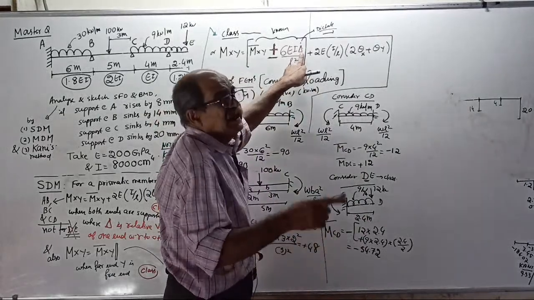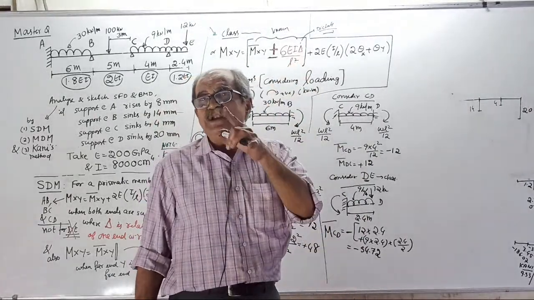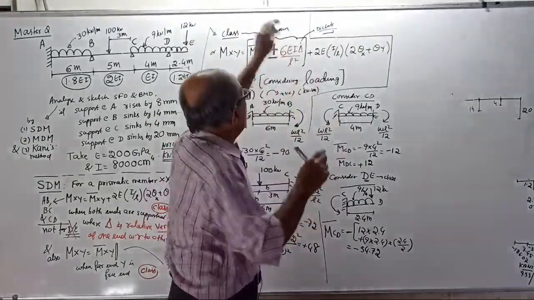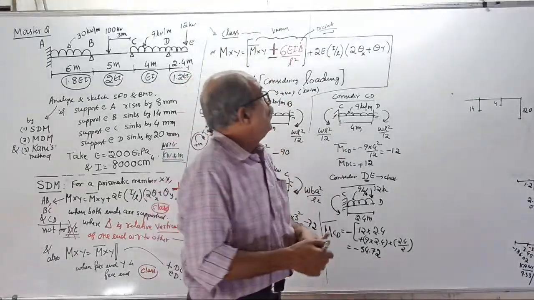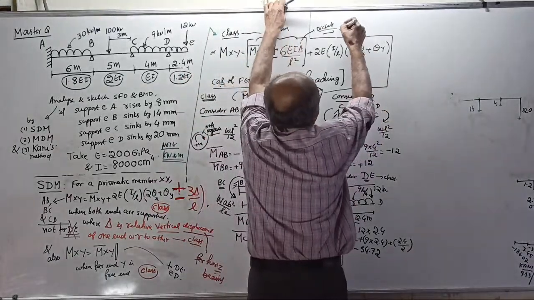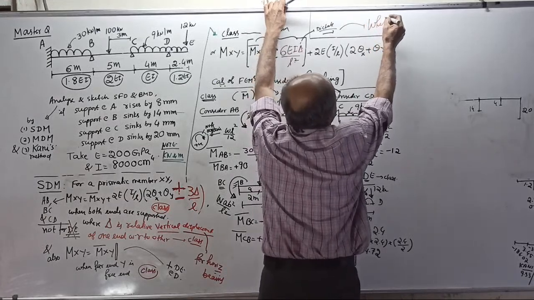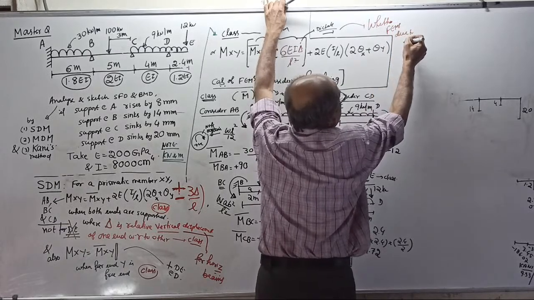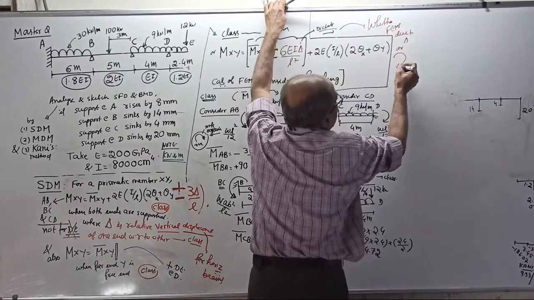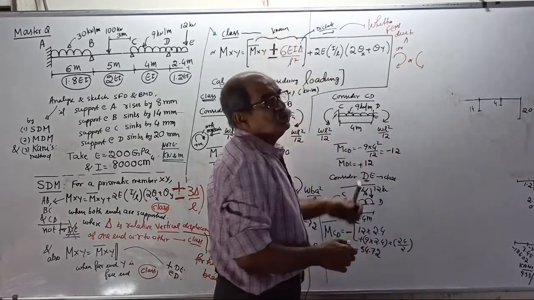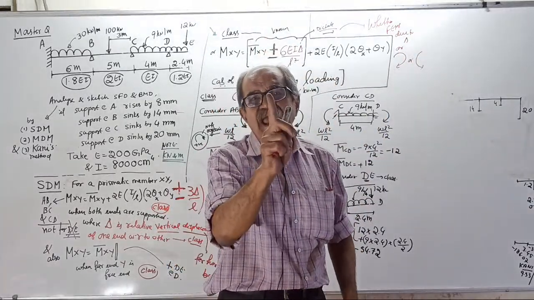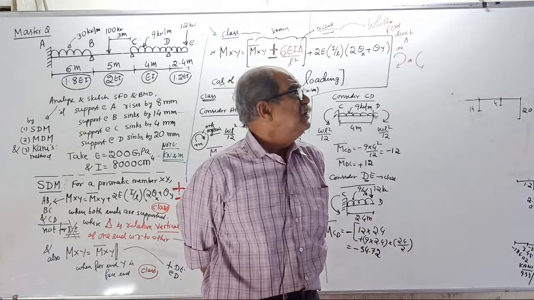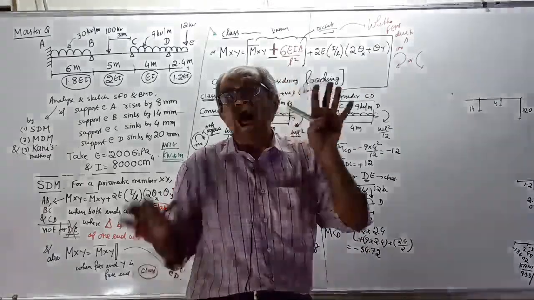There, clearly show delta, and then you correctly consider the elastic curve for that member and decide, very important, whether fixed end moments due to delta are clockwise or anti-clockwise. Go through this class again and again.